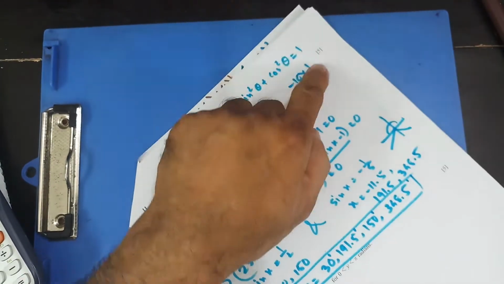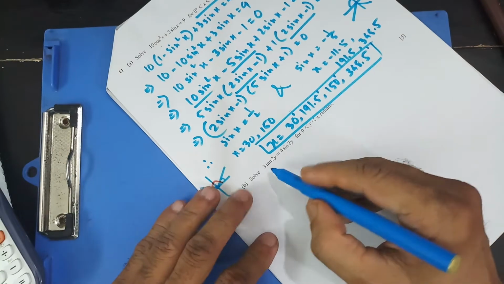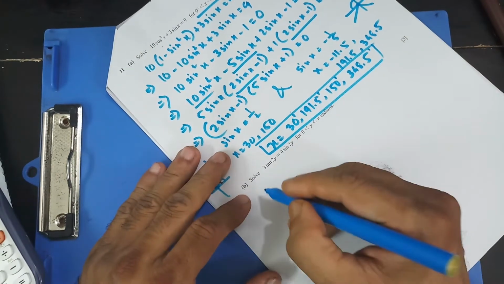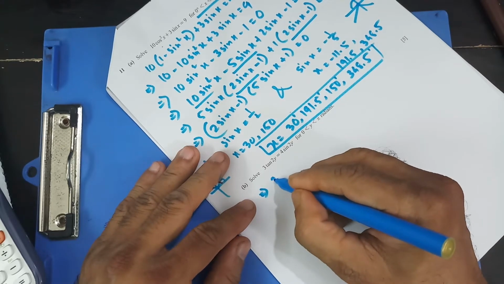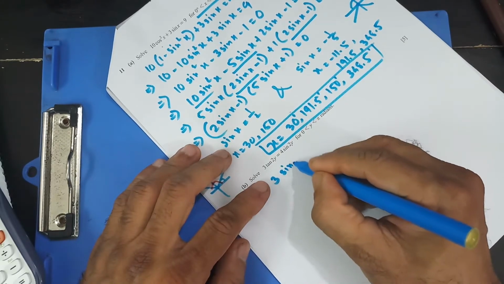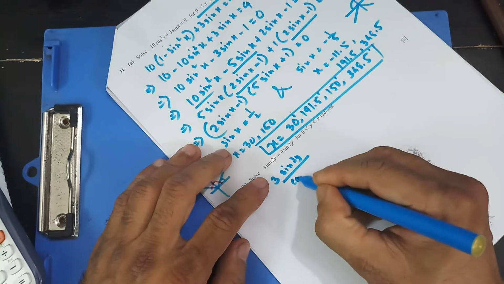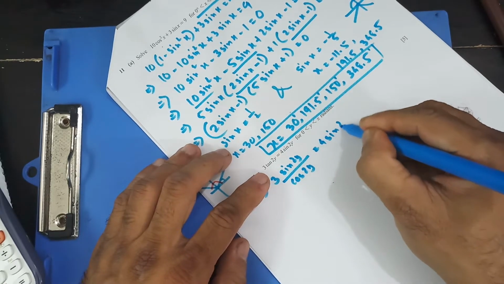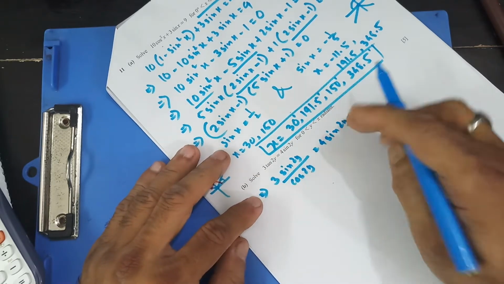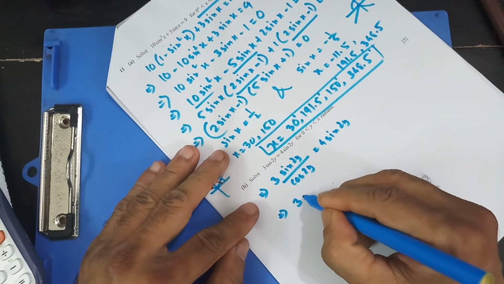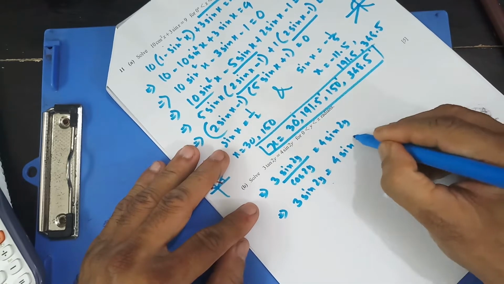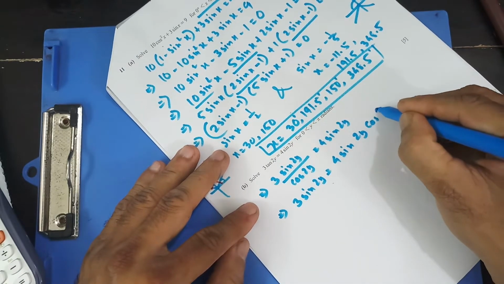Okay, that's 5 marks. Now over here, 3 tan 2y equal to 4 sine 2y. So what I'm going to do, for tan 2y I can write down sine 2y divided by cos 2y, equal to 4 sine 2y. If I transpose this to that side, it's going to be 3 sine 2y equal to 4 sine 2y cos 2y.